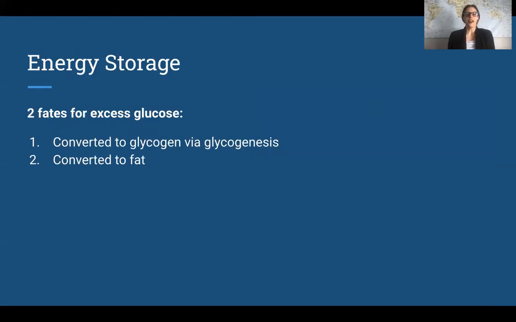So what happens, in the case of glucose at least, when we have too much glucose in the body? There are 2 different things that can happen. The first is that glucose is converted to glycogen. This is through glycogenesis. Again, genesis meaning creating, so we're creating glycogen from this glucose.